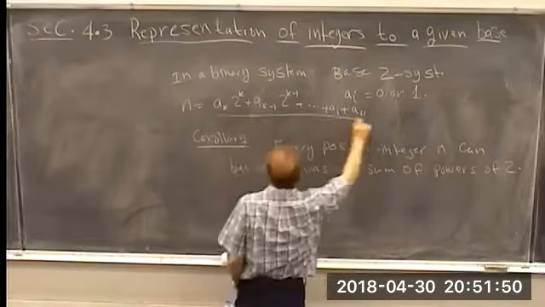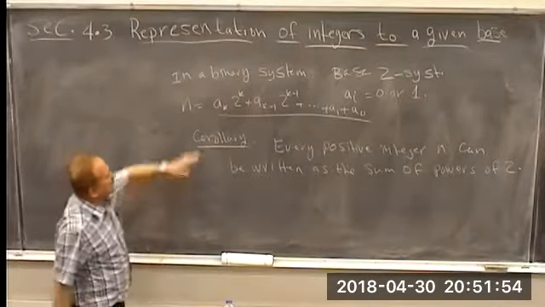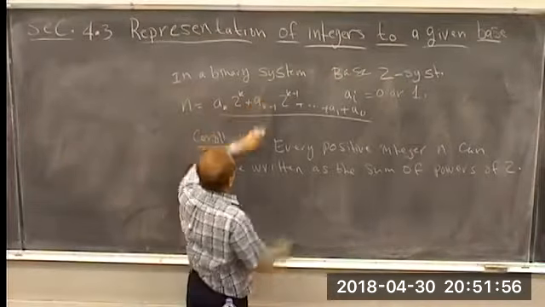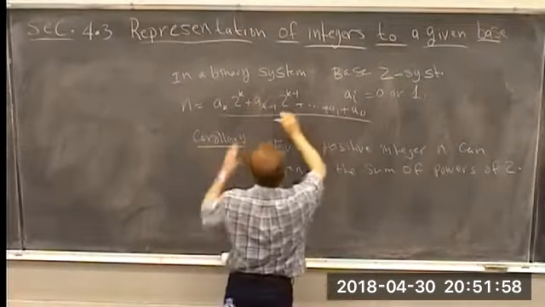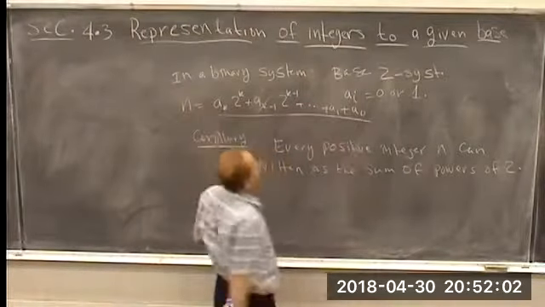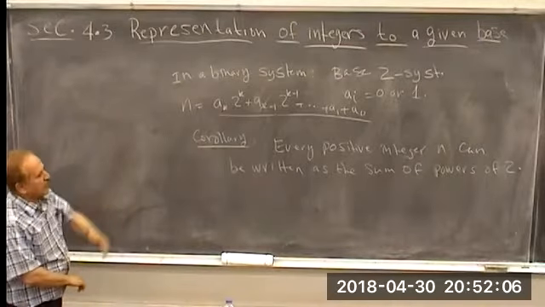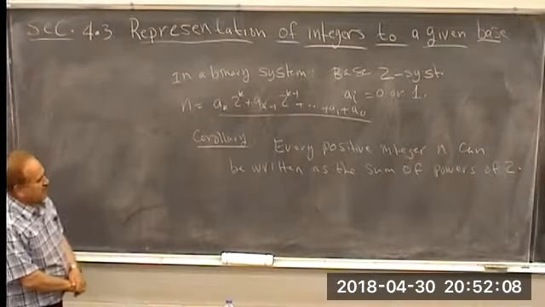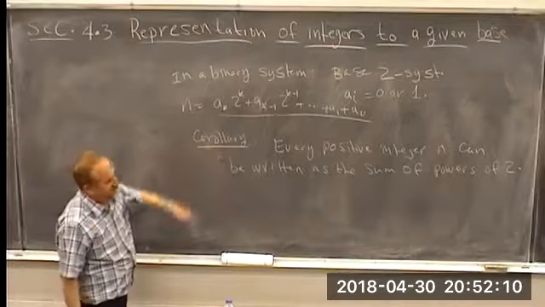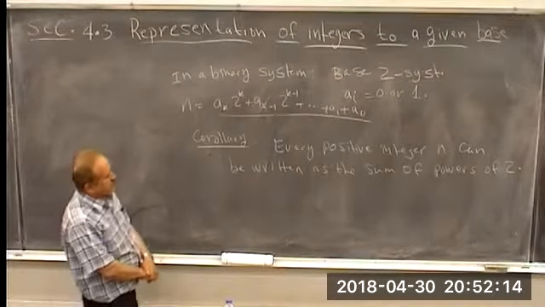Because in here, either A sub i is equal to 0 or 1. If it is equal to 0, then we drop that, and if it is equal to 1, we end up only adding the non-zero coefficient terms, and this is exactly what this corollary says. And we did use this in the fast exponentiation.